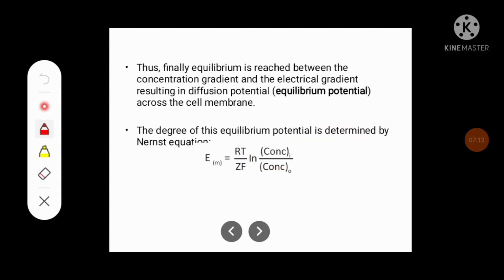Thus, finally, equilibrium is reached between the concentration gradient and the electrical gradient, resulting in a diffusion potential, that is, the equilibrium potential across the cell membrane. The degree of this equilibrium potential is determined by the Nernst equation. That is, the equilibrium potential is equal to RT divided by ZF, times log of the concentration inside over the concentration outside of that particular ion.